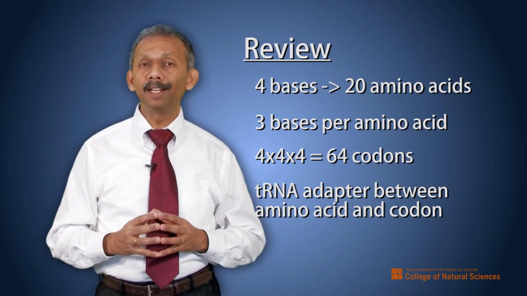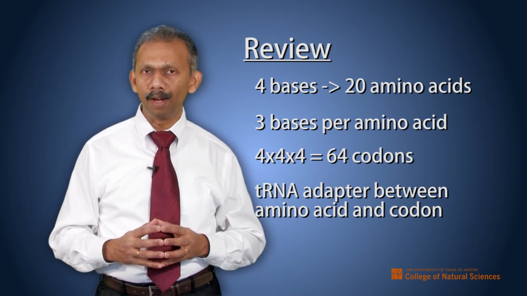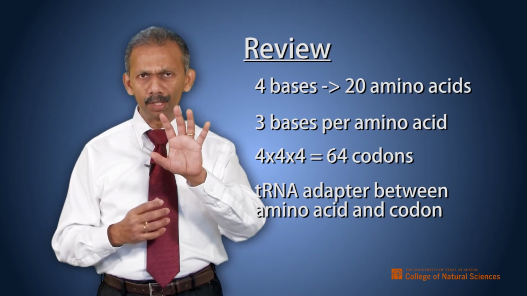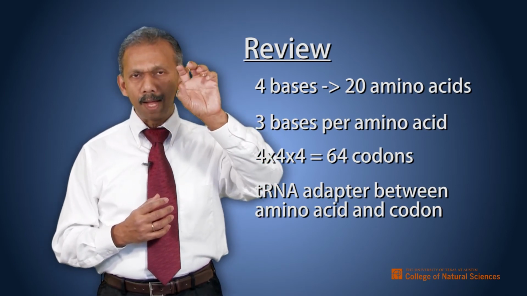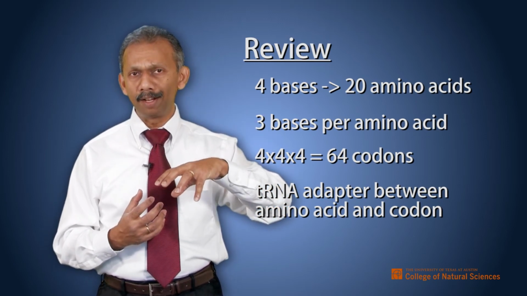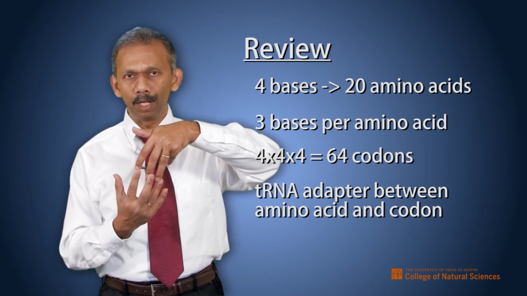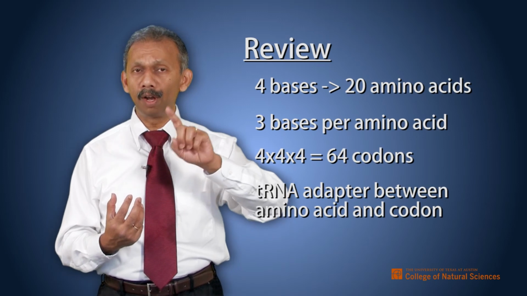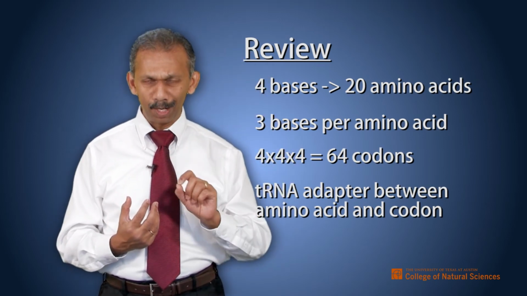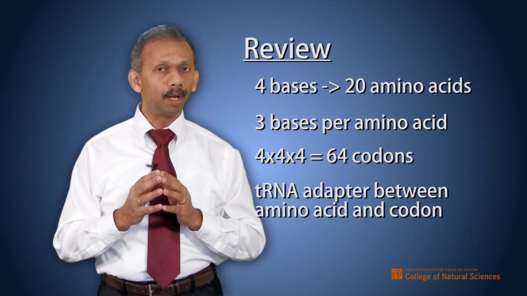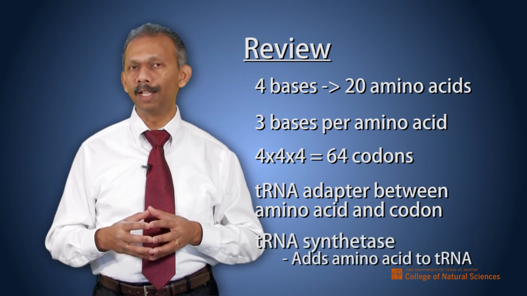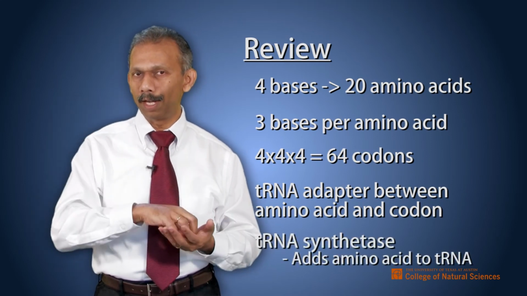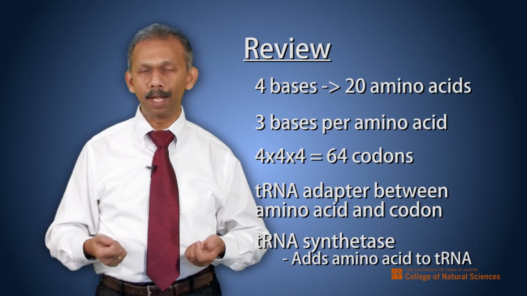The tRNA contains something called an anticodon. The tRNA brings in the right amino acid corresponding to its anticodon that would base pair with the codon. So the codon is in the mRNA, the anticodon is in the tRNA, which brings the right amino acid. There's an enzyme called tRNA synthetase that adds the right amino acid to the right tRNA using ATP as the energy source.